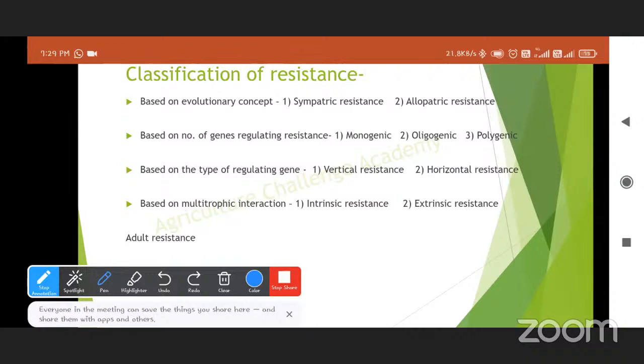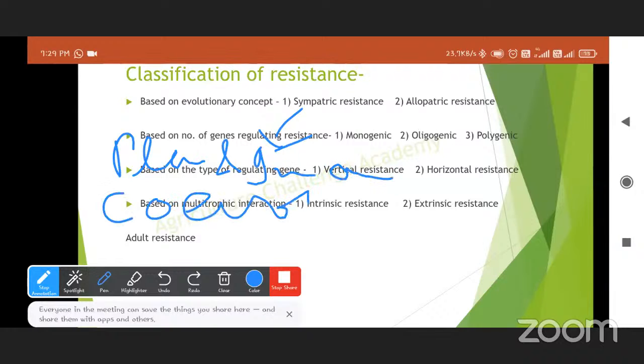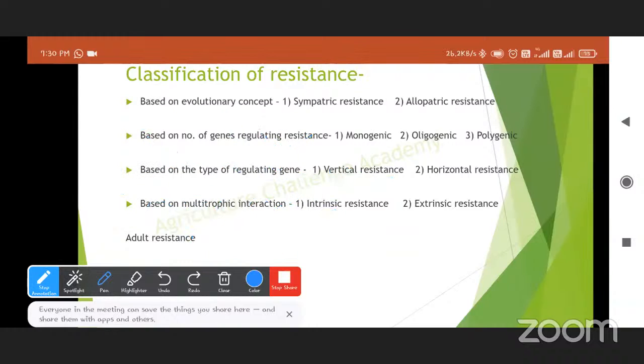Okay, in sympatric resistance, resistance is developed if plant and insect have a co-evolutionary history, and due to this the resistance is developed. The plant has developed the resistance towards the insect, only then it is sympatric resistance. In sympatric resistance, insect and plant share a continuous co-evolutionary history, and here resistance is evolved.